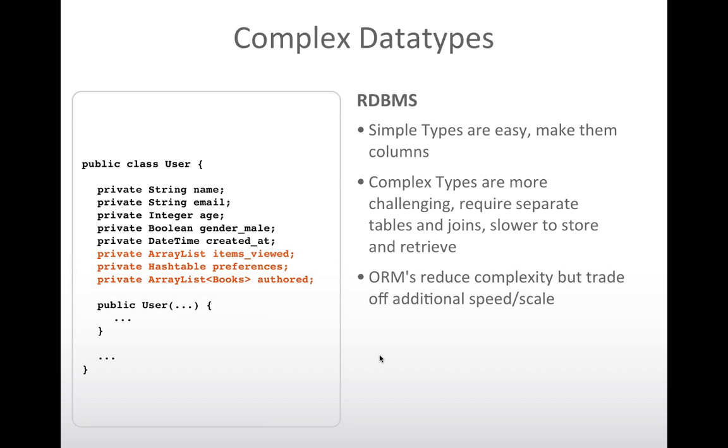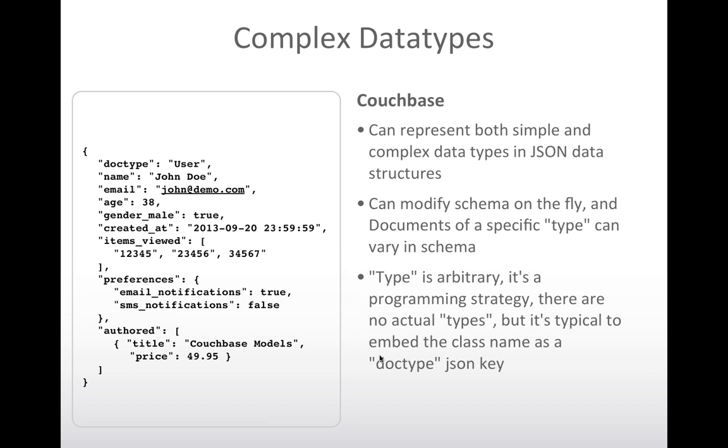But keep in mind that this specific organization has a cost. This specific way of hiding this complexity has a cost in speed and scale of your application. Whereas if we look at the way you will deal with the data inside Couchbase, you just take the document, you store it as it is, you get it as it is. You don't have any complex operation to do.